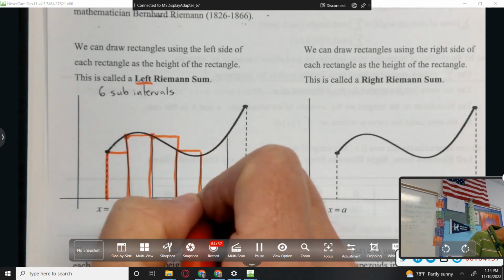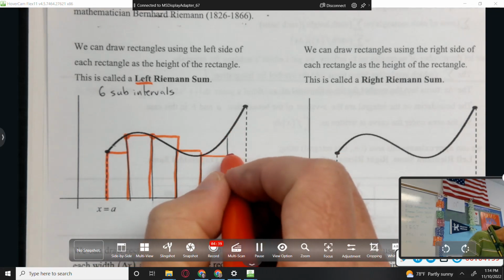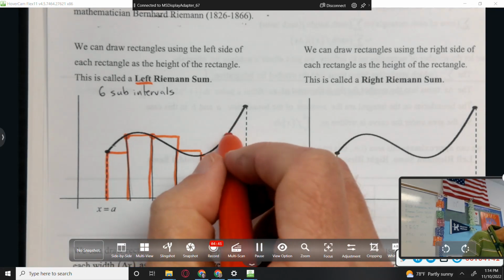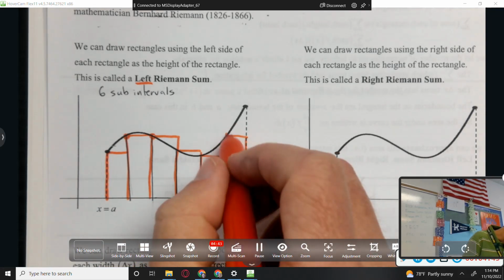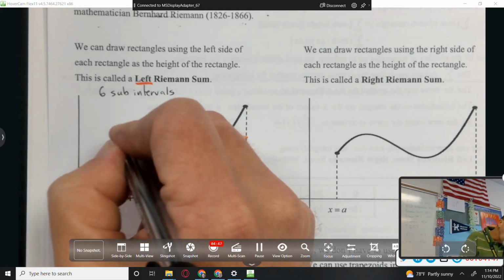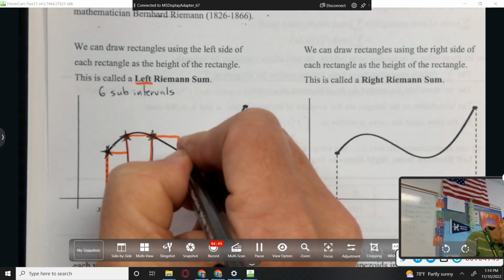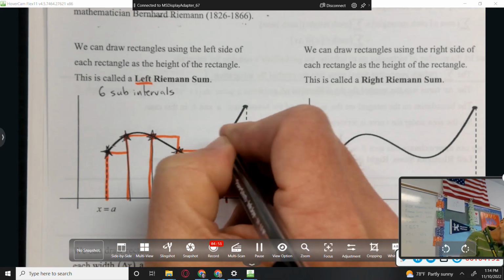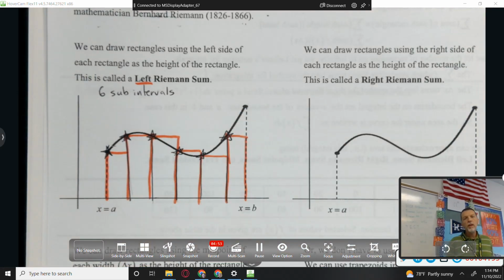And come from the left. So there are my left-hand rectangles, because each rectangle comes from the left side of the interval.